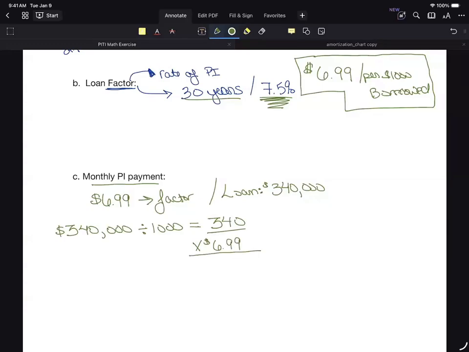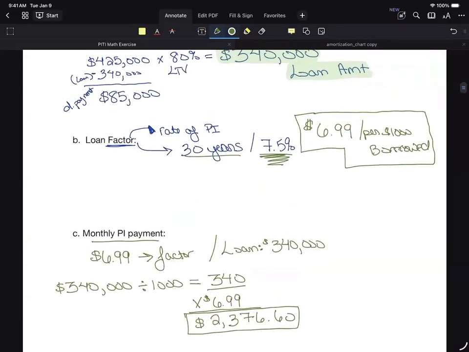And I'm going to get, and you're going to do it too, 340. This should be $2,376.60. So $2,376.60. Boom.